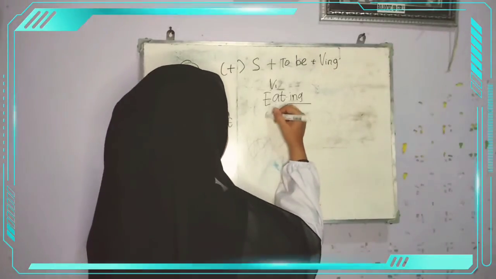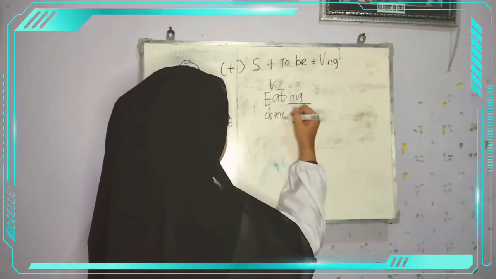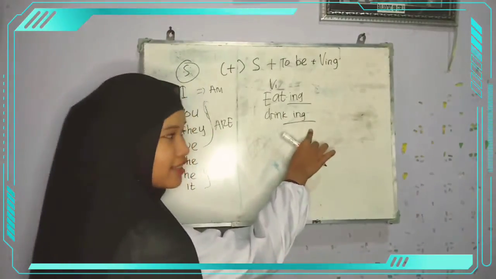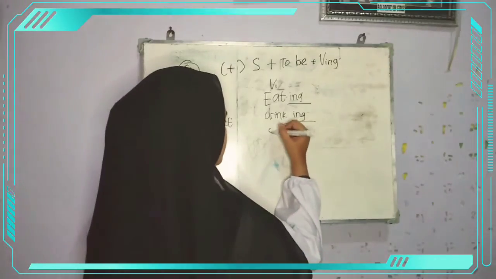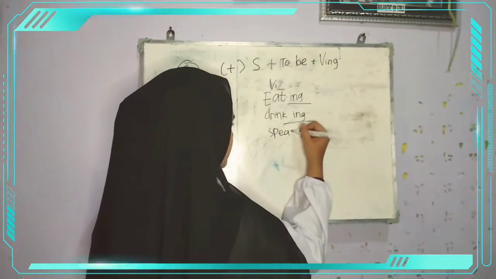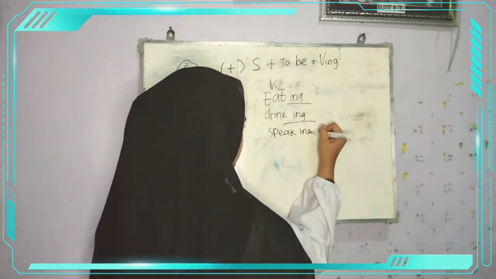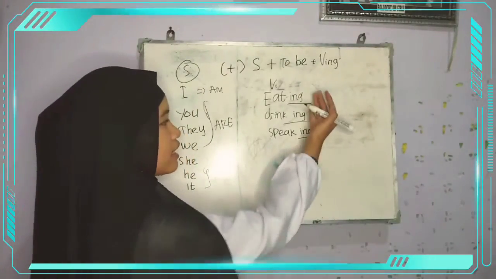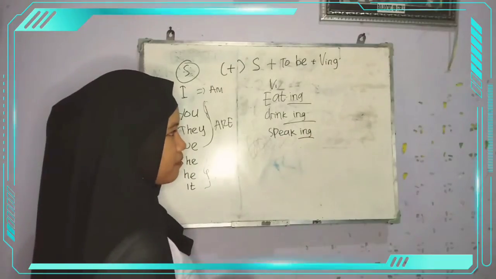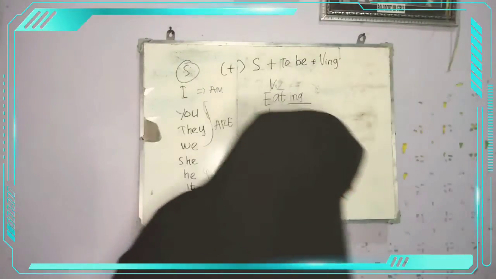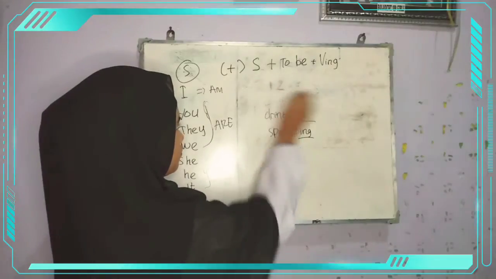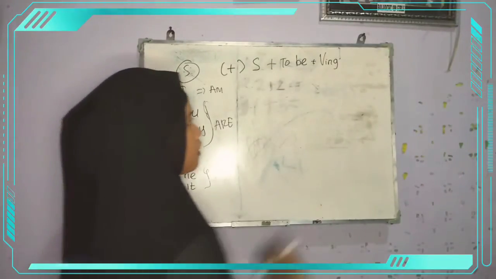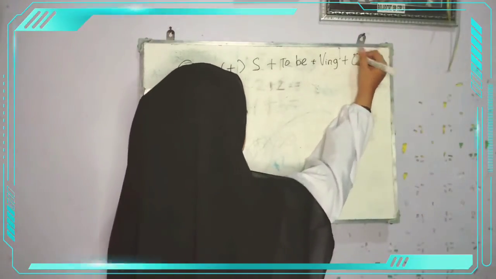What about drink? We add -ing: drinking. What about speak? Speak plus -ing: speaking. Eating, drinking, speaking. It is verb-ing. It's really simple, I think. So after verb-ing, we use an object.